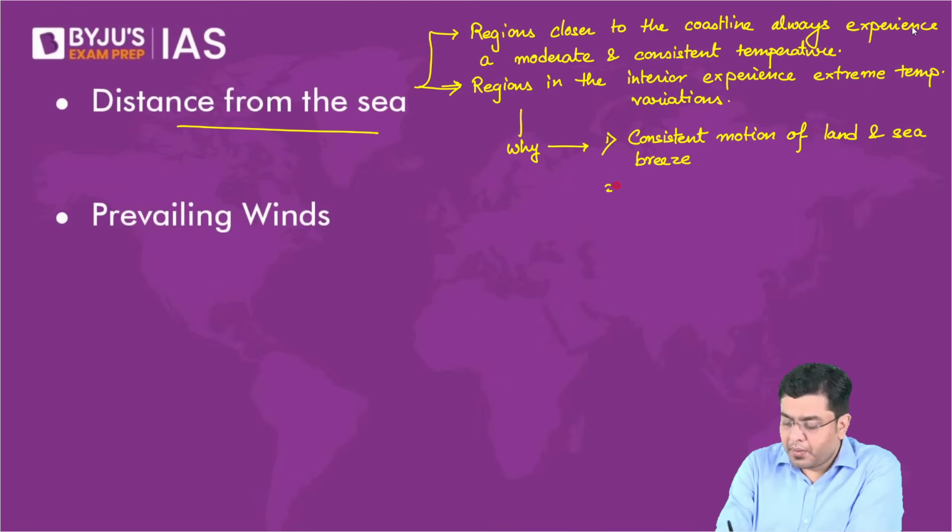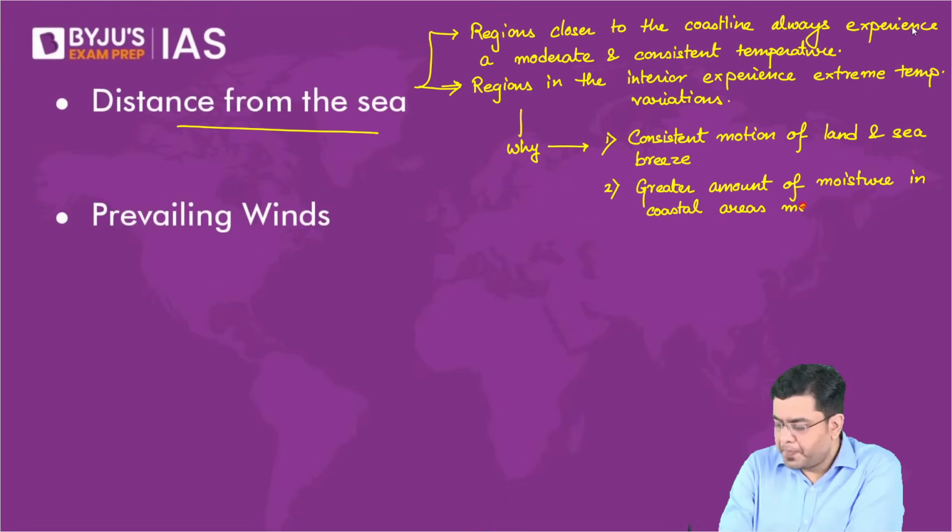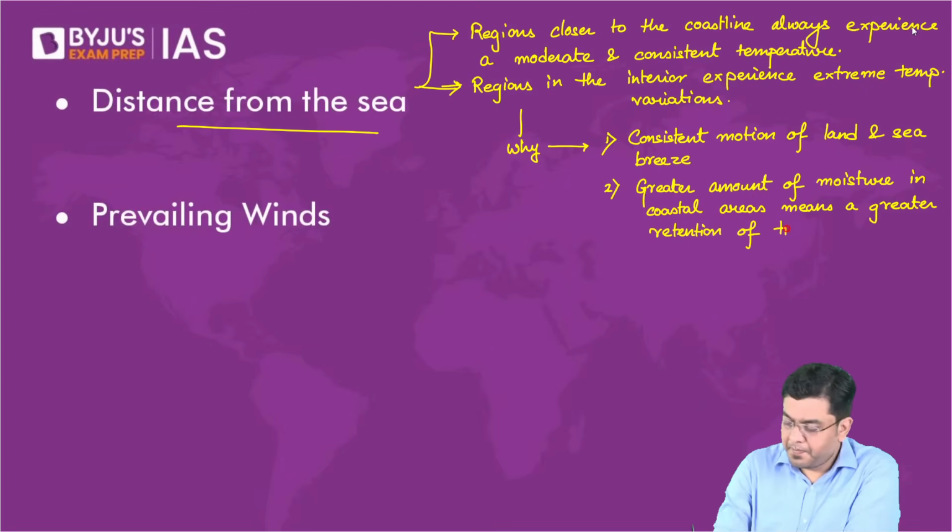And then the greater amount of moisture in coastal areas means a greater retention of heat, and hence a consistent temperature.